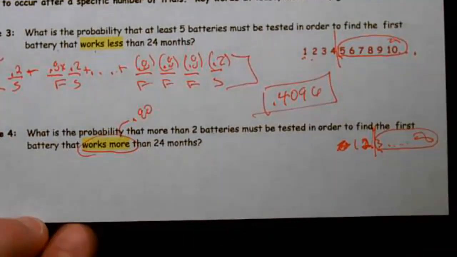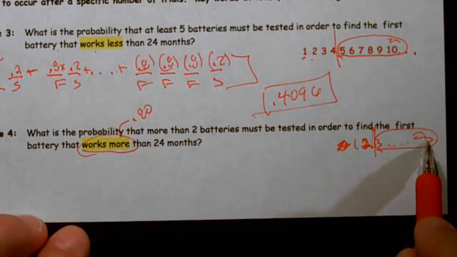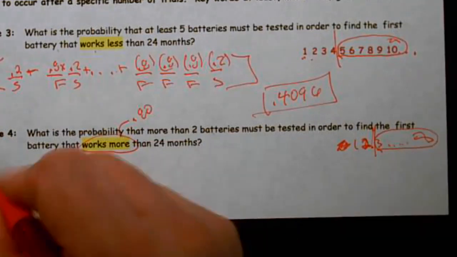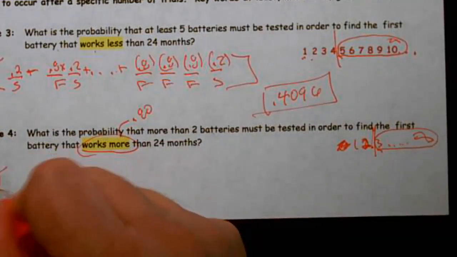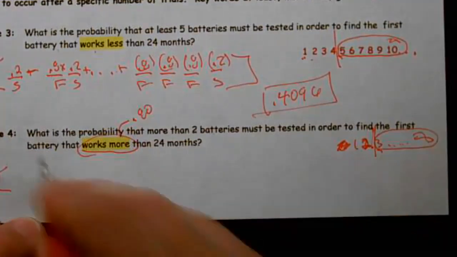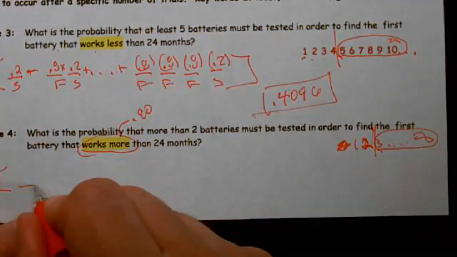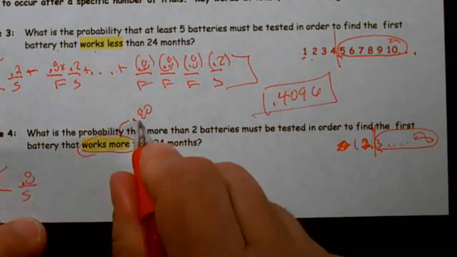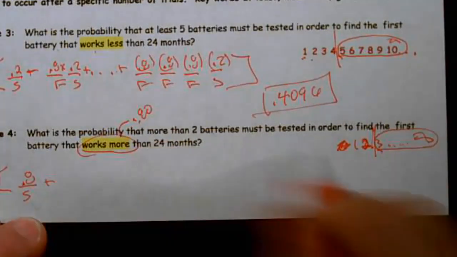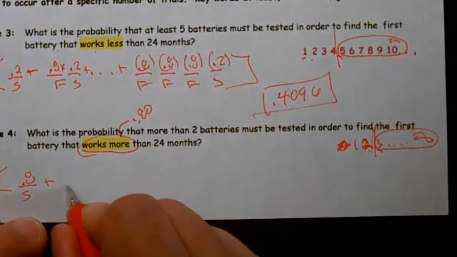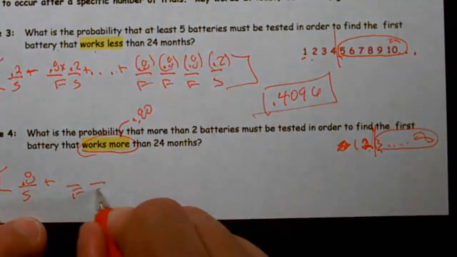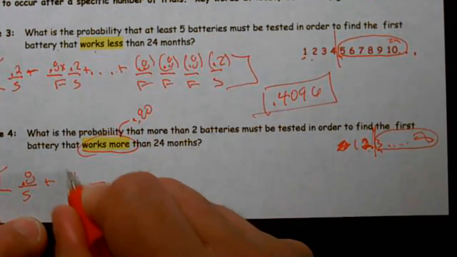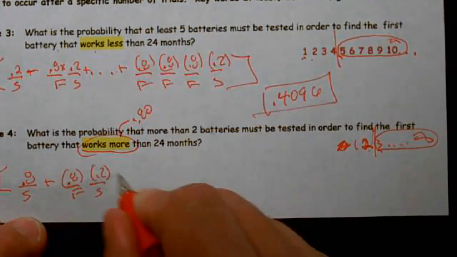So what's the probability more than 2 batteries must be tested? Because this is a more than, because we circle to the right-hand side, we're going to do a 1 minus. We're going to do the bracket. The bracket for the first one is we have a success on the first one and no failure. We said our success was 0.8. For the second one, fail and success, so this is going to be 0.8 times 0.2.